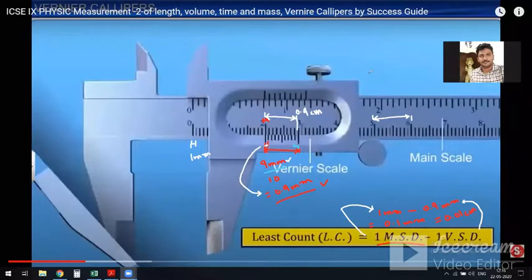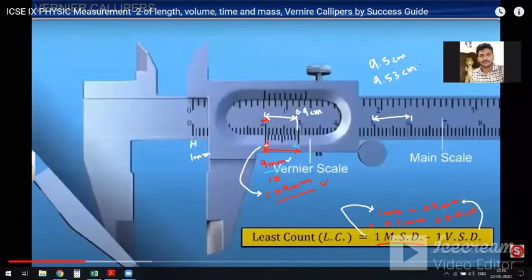The doubt is, what is the use of the vernier scale? If we want to make an accurate measurement, for example, if I tell that the height of this pencil is 9.5 centimeter, and another instrument, this vernier, says that no, the height of the pencil is 9.53 centimeter, here which one is more accurate?